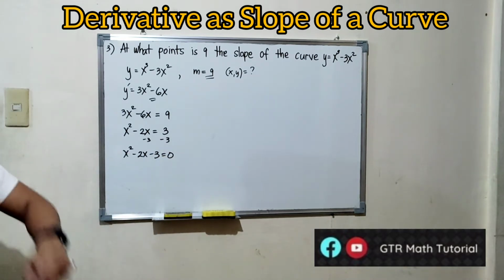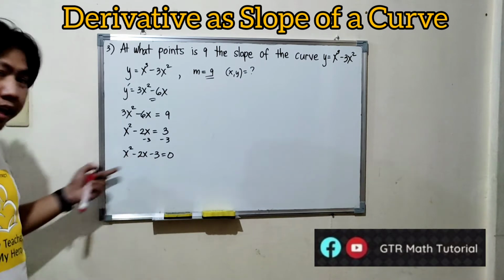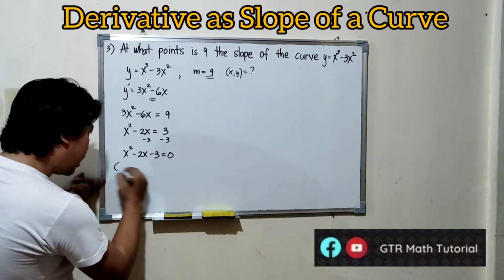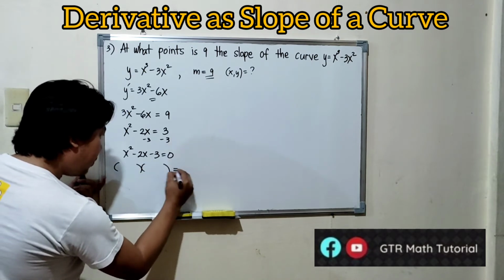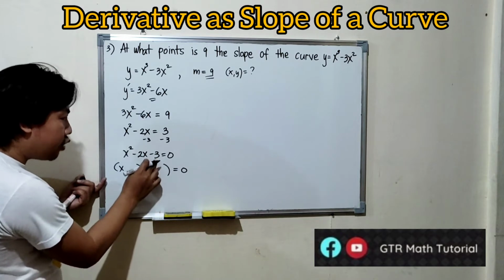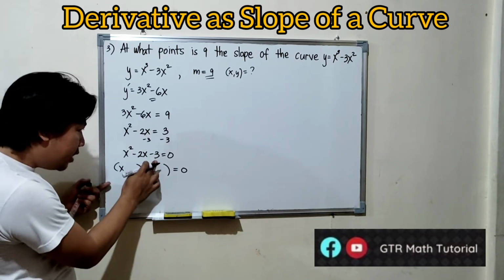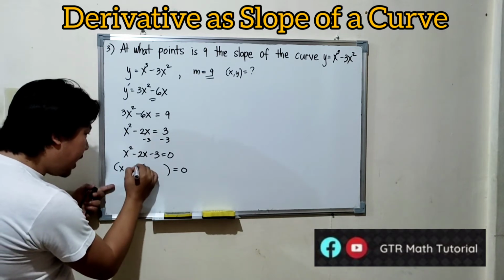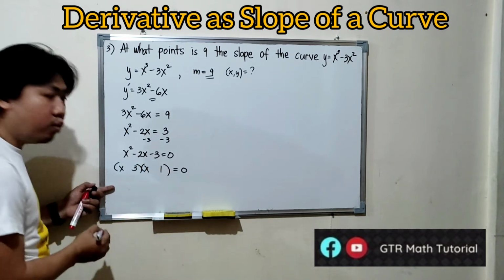Okay? So we can use the factoring method since this is factorable. Factors of x squared is x and x. Then factors of negative 3 whose sum is negative 2. Factors of negative 3, we have 3 and 1.